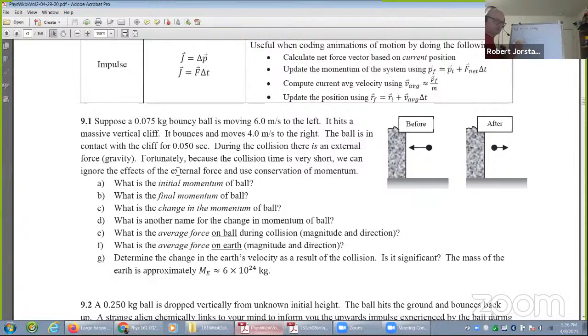Notice, just like with energy problems, we have a before and an after picture here. I'm just getting the same picture drawn on line paper.